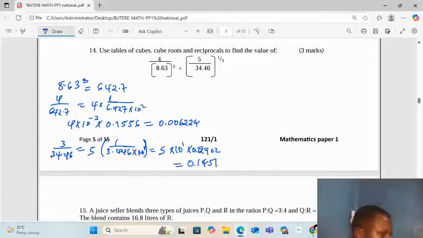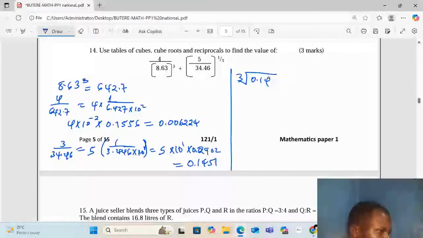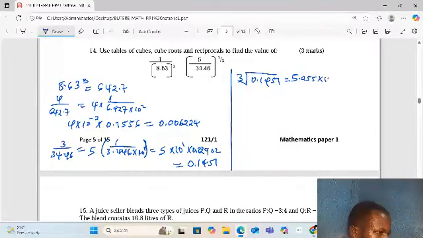We are not yet done. Now we look for the cube root. Remember, the whole of it is squared. So we take the cube root of 0.551, 5.255 power 1, so that the decimal moves.